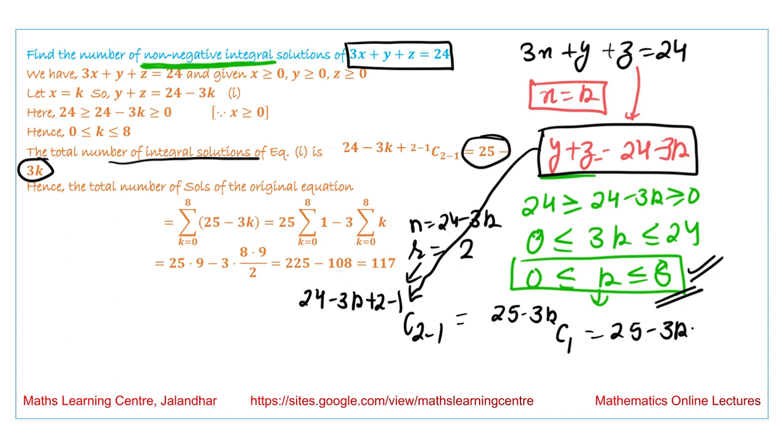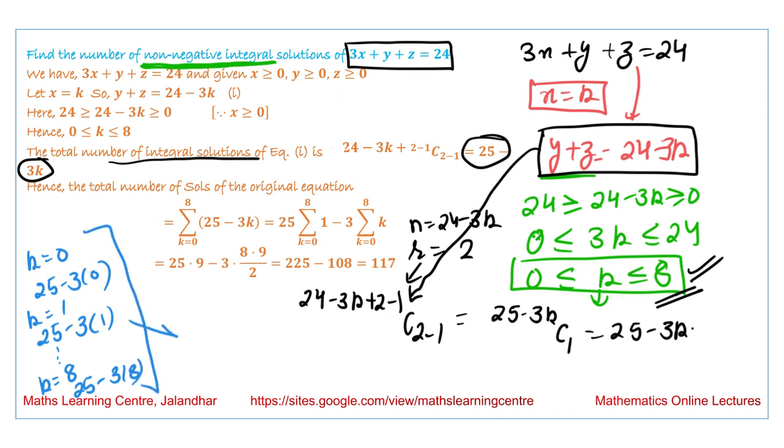It means when the value of k is 0, the number of solutions is 25 minus 3 into 0. When k is 1, the number of solutions is 25 minus 3 into 1. Likewise, when k is equal to 8, the number of solutions is 25 minus 3 into 8. So by the fundamental principle of addition, the total number of solutions is the sum over k equal to 0 to 8 of (25 minus 3k).